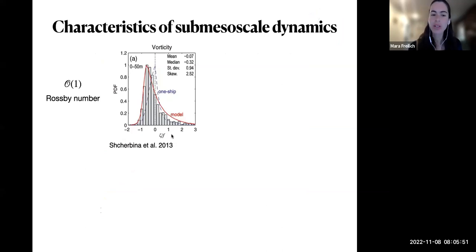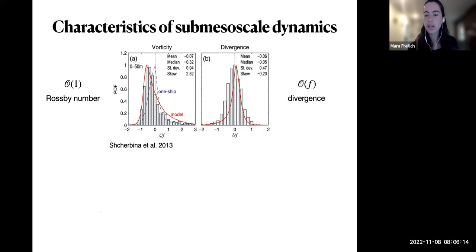And so at those smaller scales, the dynamics are called submesoscale dynamics. And I'm defining submesoscale here dynamically, not just in terms of the spatial scale, but in terms of order 1 Rossby number, meaning that the relative vorticity is order Coriolis frequency, with these large velocity gradients.